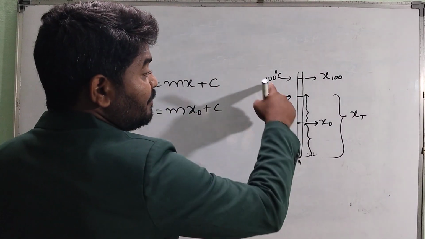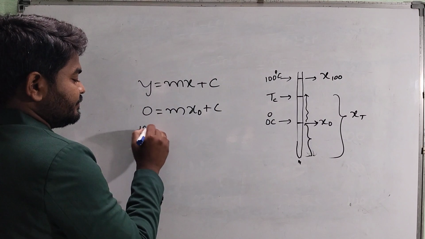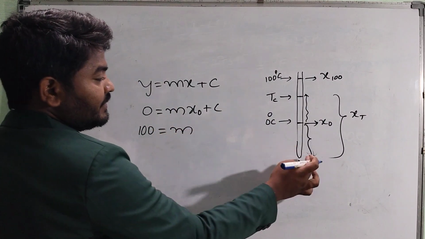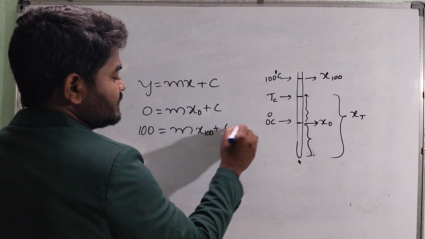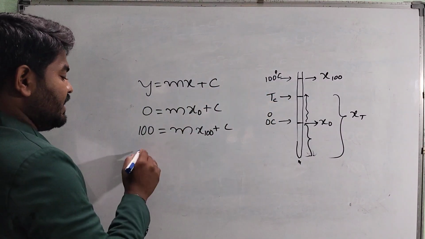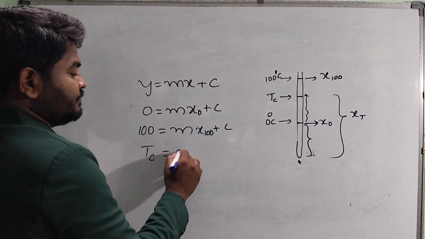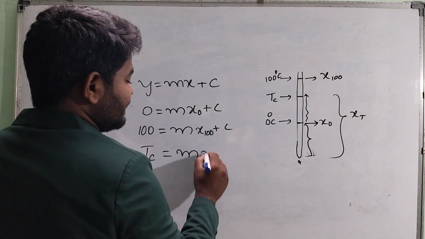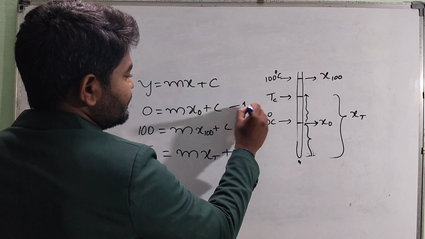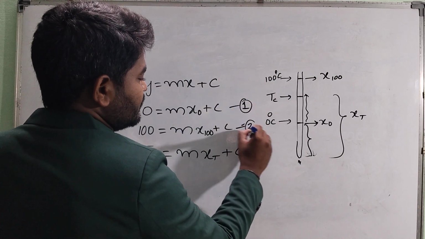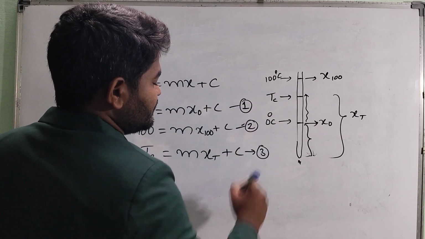When the temperature is 100, the length is x100, so 100 equals m x100 plus c. When the temperature is T, the length is xt, so Tc equals m xt plus c. Let's take these as equation 1, equation 2, equation 3.